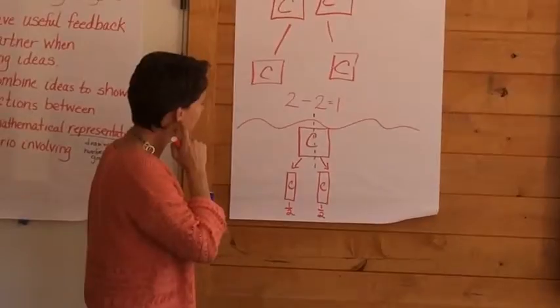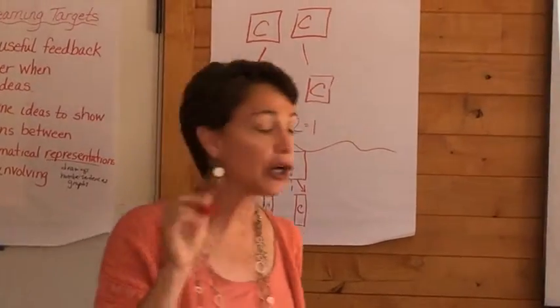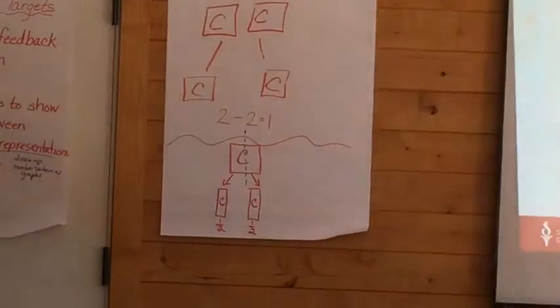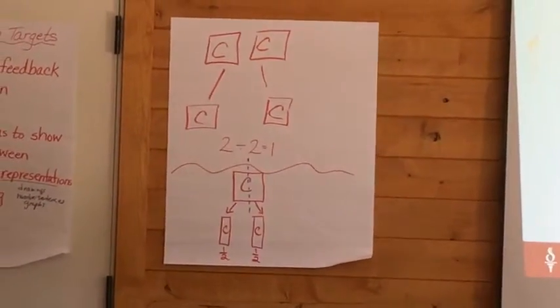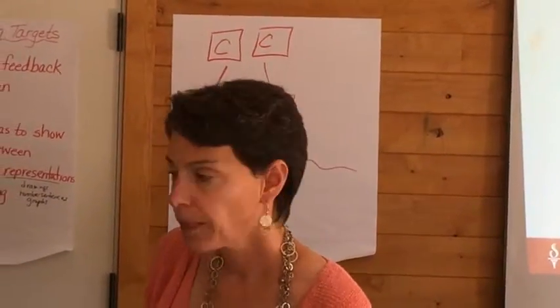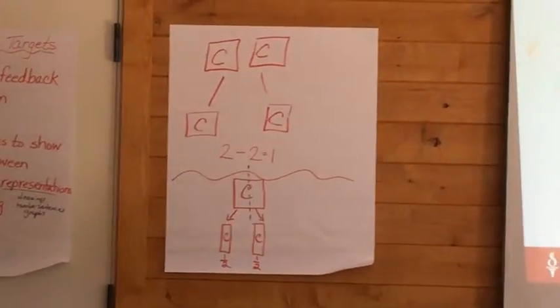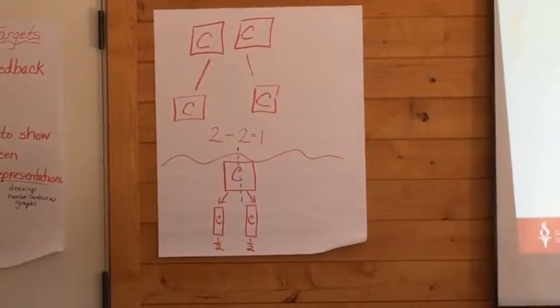So for this, we want everyone to use your marker or your dry erase marker and actually draw exactly what it looks like on the board right now. I want to see pictures. I'm looking for a pictorial representation now.